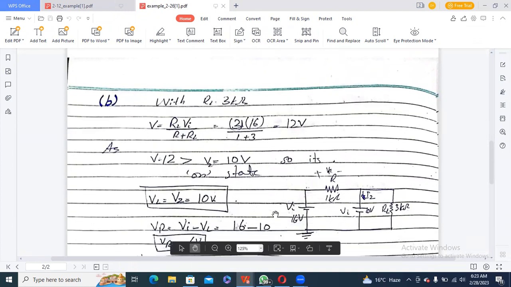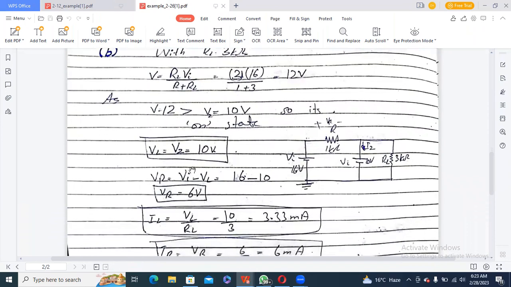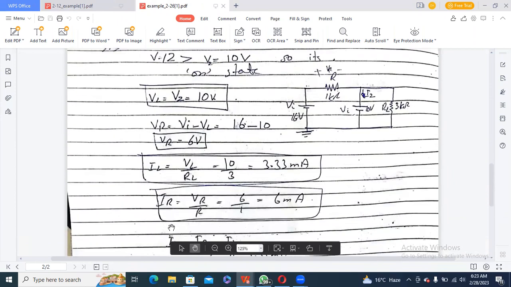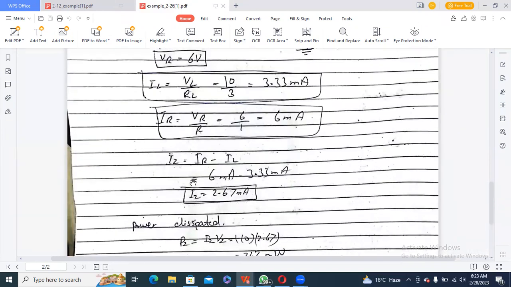So the load voltage is equal to the Zener voltage, which is 10 volt. So we can find the voltage across the resistor, VI minus VL, 6 volt. IL is equal to VL over RL, 10 over 3 is 3.33 milliampere. The current through the resistor we can find is 6 milliampere, and we can find IZ, 2.67.